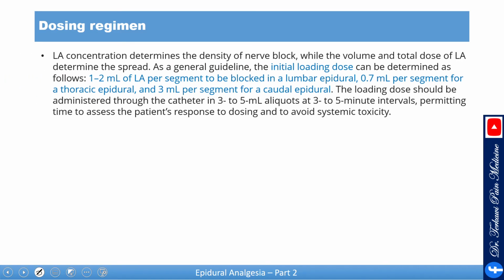So, dosing regimen. Local anesthetic concentration determines the density of the nerve block, while volume of local anesthetic determines the spread.